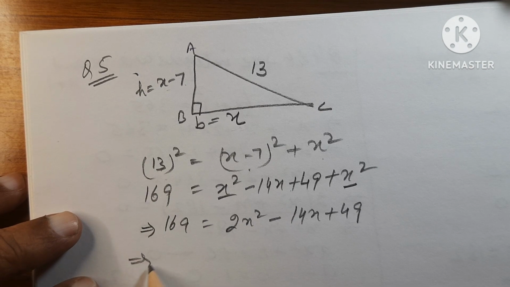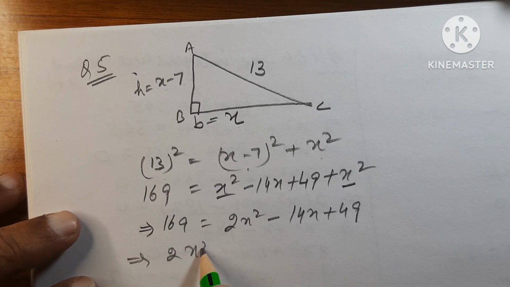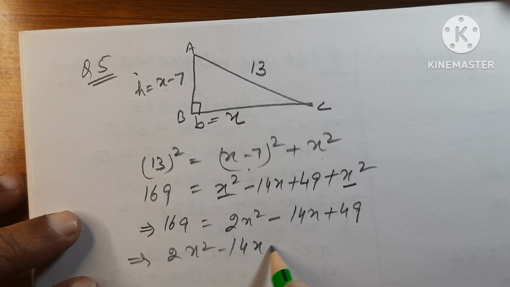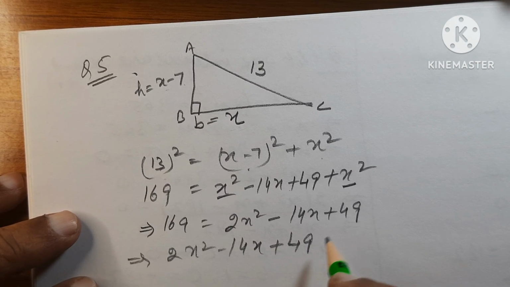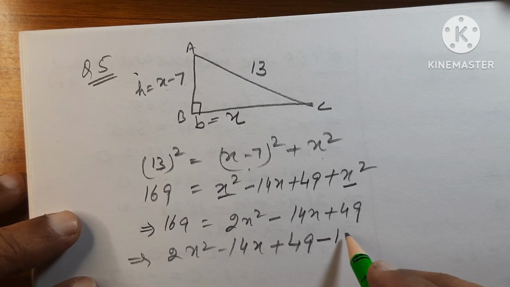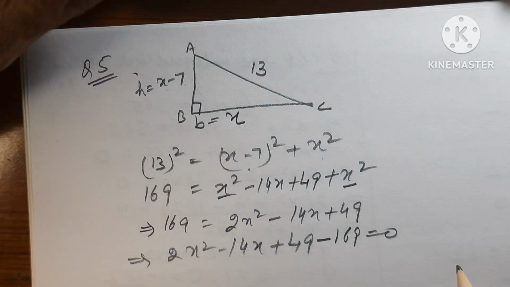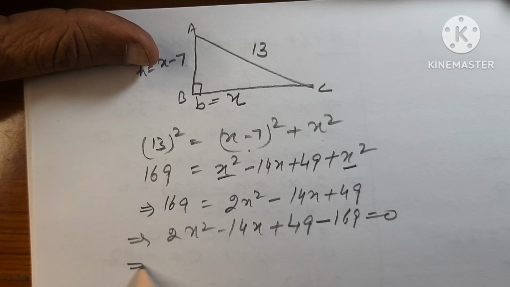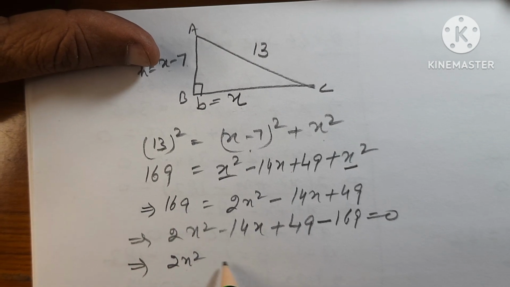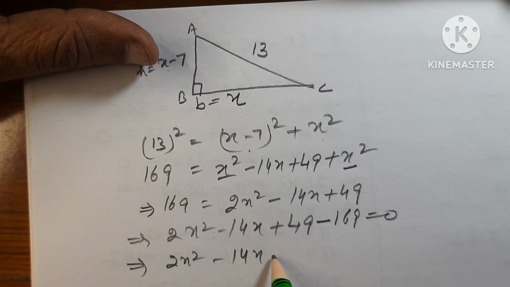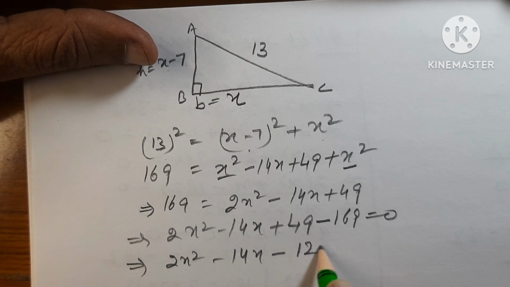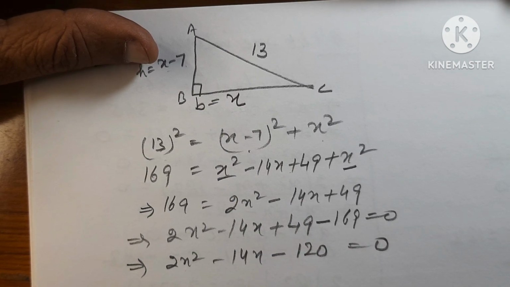So that means 2x square minus 14x plus 49 minus 169 is equal to 0. This I have shifted to this side. So that means this is 2x square minus 14x minus 120 is equal to 0.